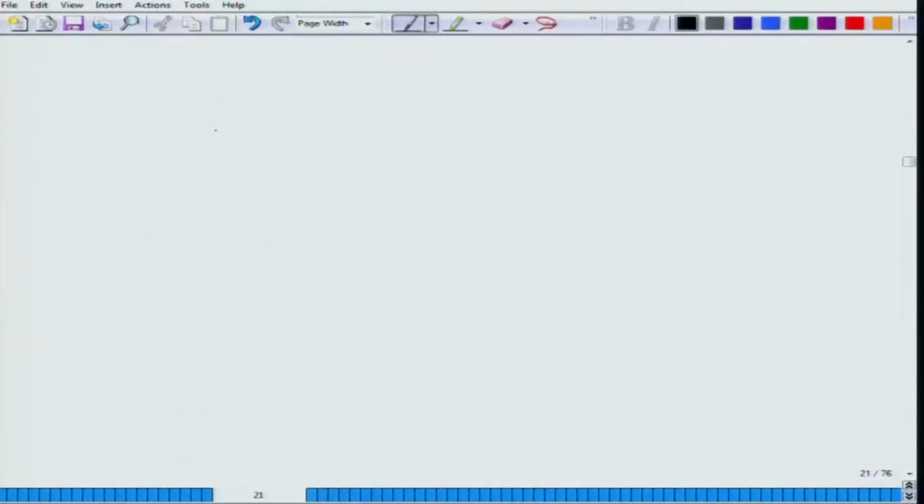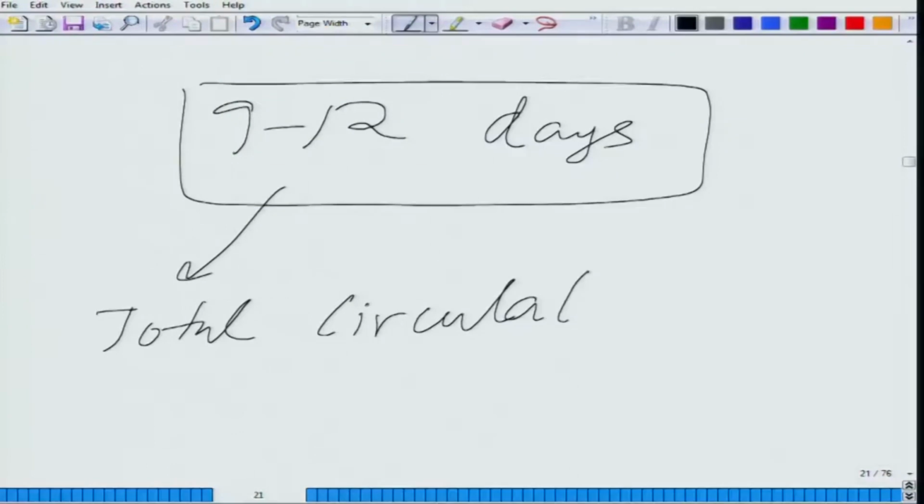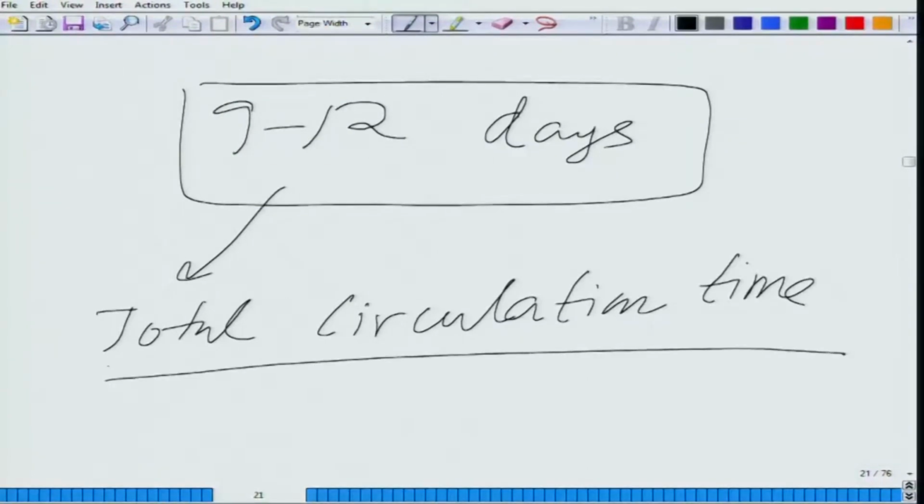And they are essentially individual, they are the different fragments, and their half life is 9 to 12 days. Oh, sorry, this is the total days, total circulation time. And at times it could be even a day, okay.